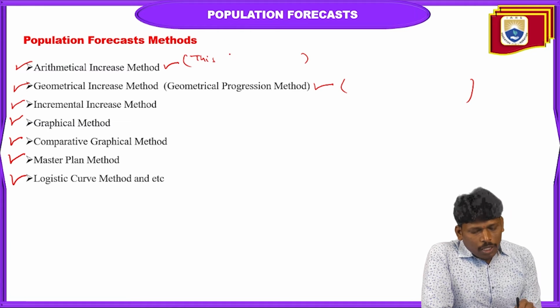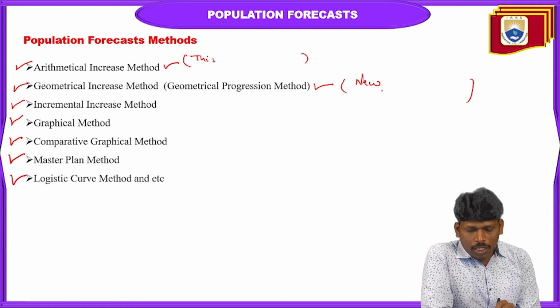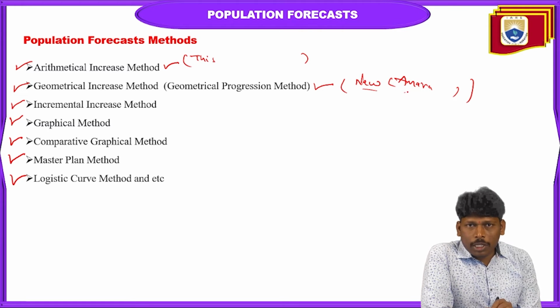Whereas this geometrical increase method is suitable for new cities, the cities which are planned to develop, like Amravati of Andhra Pradesh. It is one of the new cities. After the bifurcation of Telangana from Andhra Pradesh in 2014, the government of Andhra Pradesh selected Amravati as the new capital.